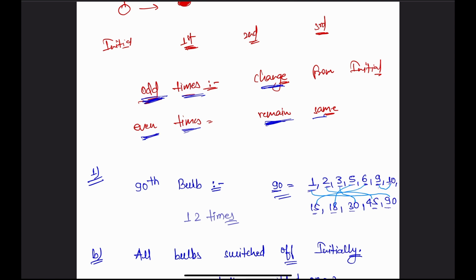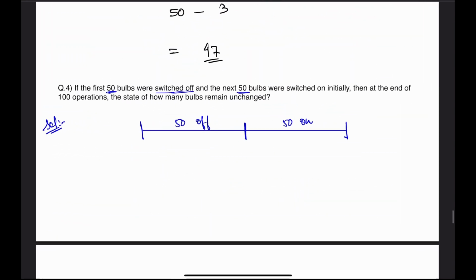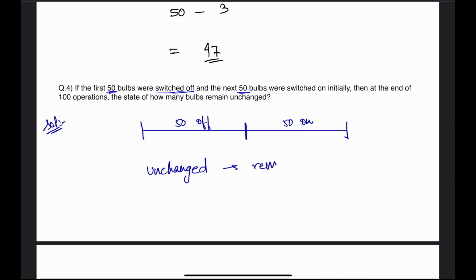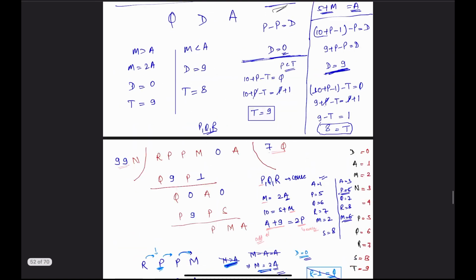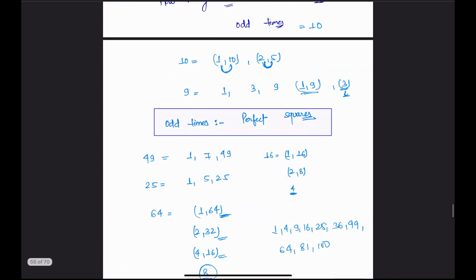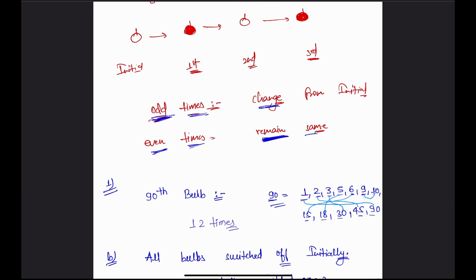The question is asking, at the end of the 100 operations, how many bulbs are unchanged? Unchanged means remain same. Remain same, that is even times.